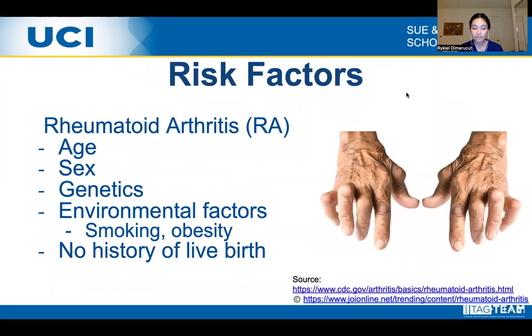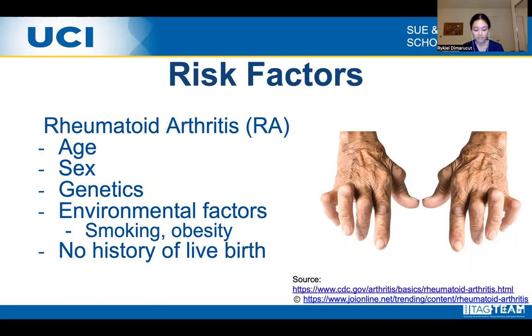So although OA is the more common form that is associated with aging, the risk for developing RA also increases with age, especially around the age of 60s. As with OA, RA is 2 to 3 times more common in women than in men. This is because of certain hormones that decrease after menopause, causing women's joints to be less stable. That makes them more susceptible to injuries and developing arthritis.